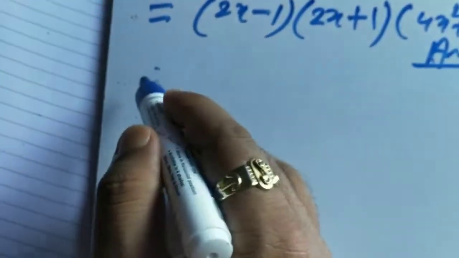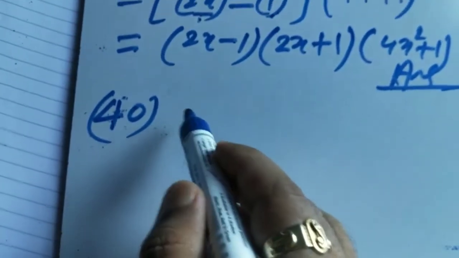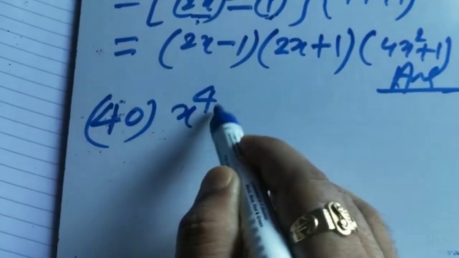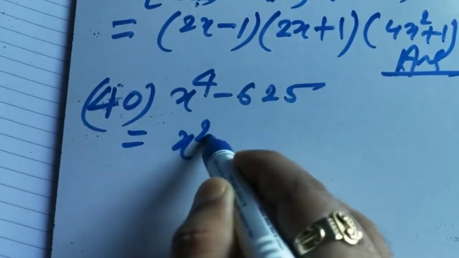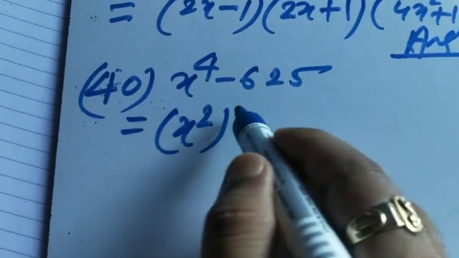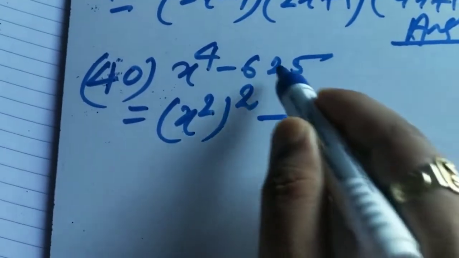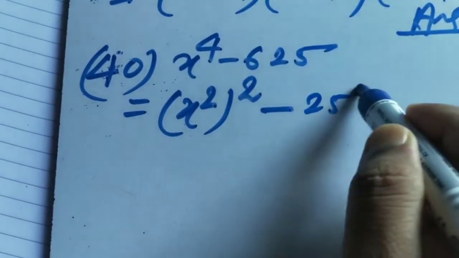And let us see, it's time to end the exercise 3rd B, question number 40. And your question number 40 is x power 4 minus 625. You have to factorize it. So you write it, x power 4 can be written as x square the whole square, and this is the square of 25.